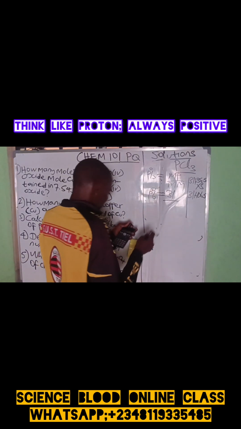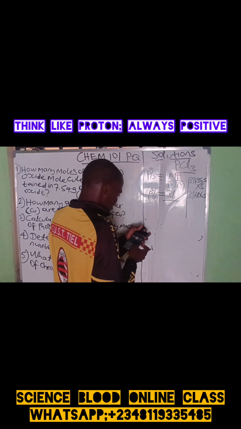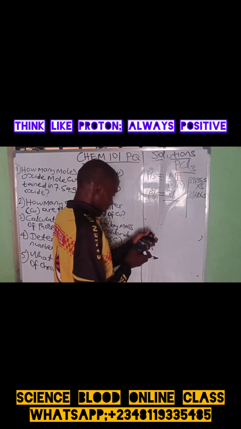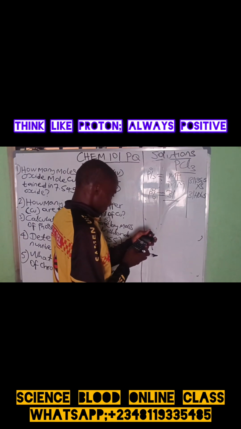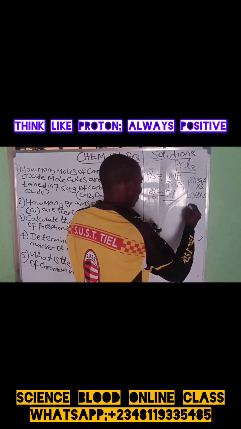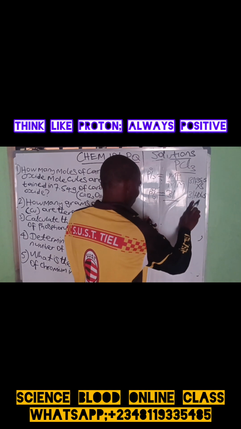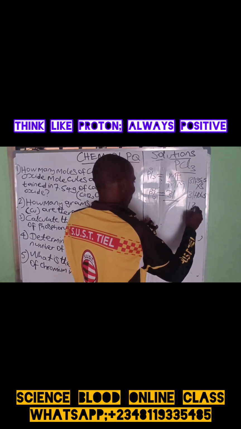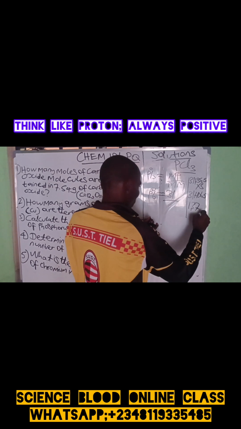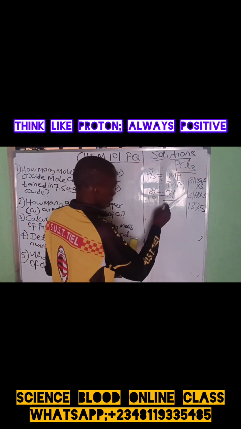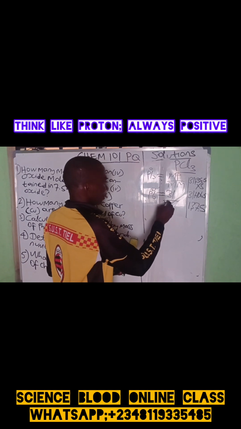Okay, when we add both of them together, we have 106.5 plus 31 will give us 137.5.